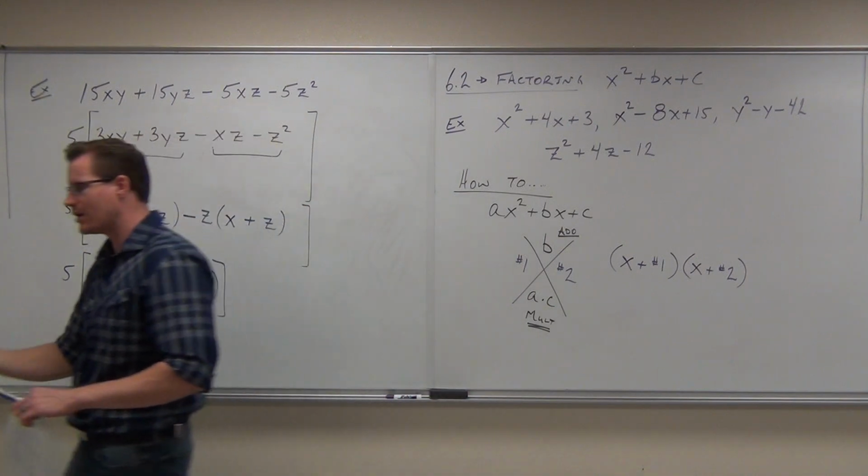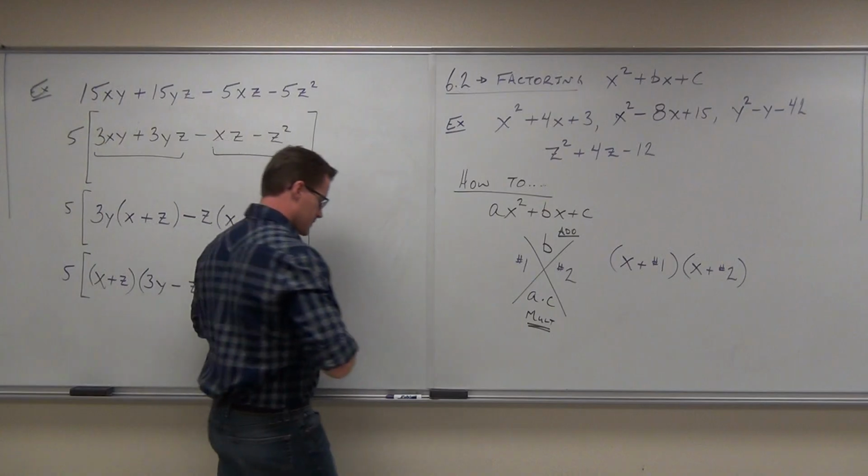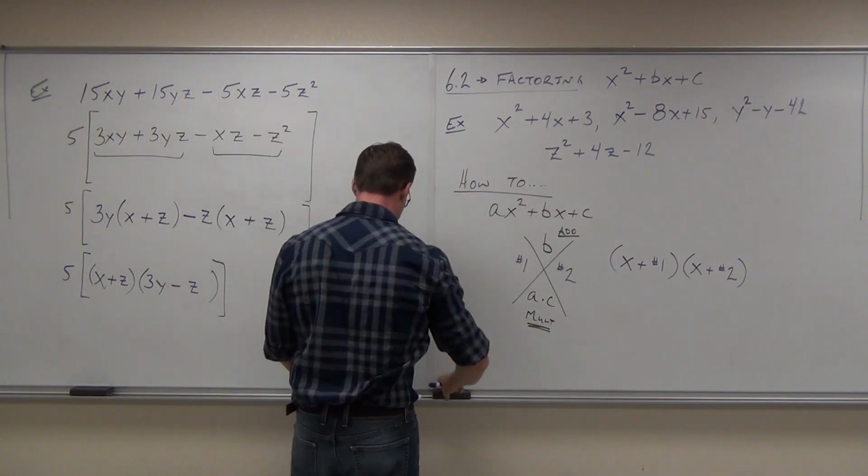Let me show you a couple of them right now. At least the last one, I'm going to do so that you see it once. So let's do this one.